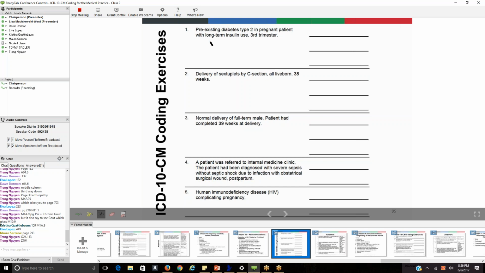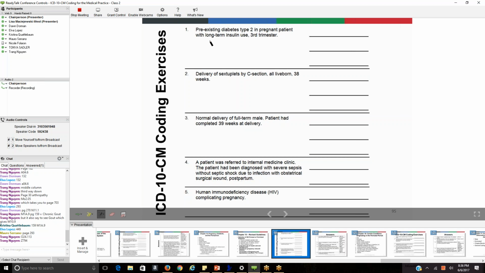Let's take a look at that. O24.113, pre-existing type 2 diabetes mellitus in pregnancy, third trimester. Beautiful.